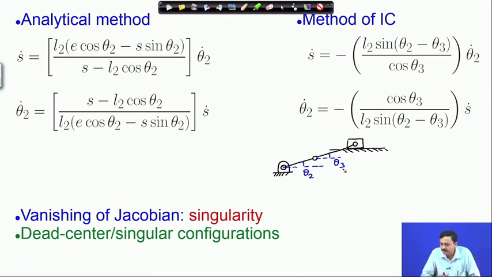That is a dead center configuration, as you can very easily see from here, because if theta 2 equals theta 3, then the sine of that expression in the numerator goes to 0. So, irrespective of the value of theta 2 dot, S dot must go to 0. It is the extreme configuration of the slider, as I have drawn out here.